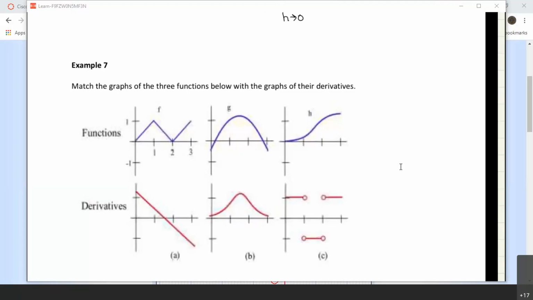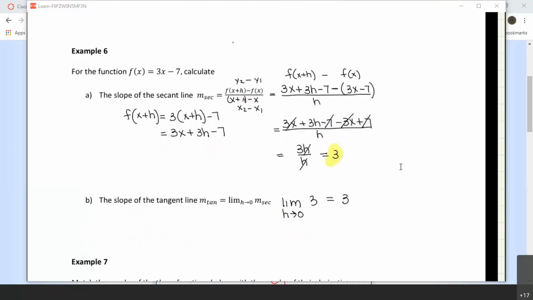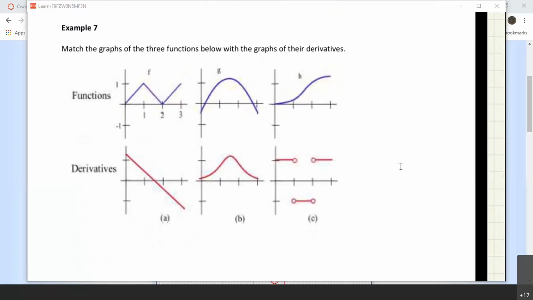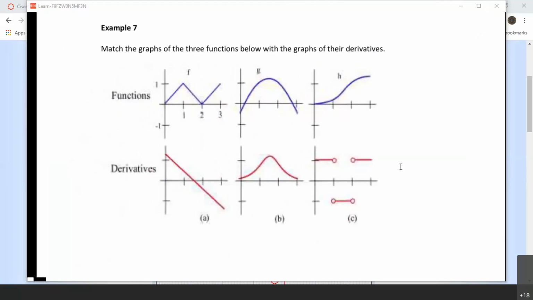We have one contender. Anybody want to try any of the other ones? FC. And by process of elimination, that leaves what? B and H.